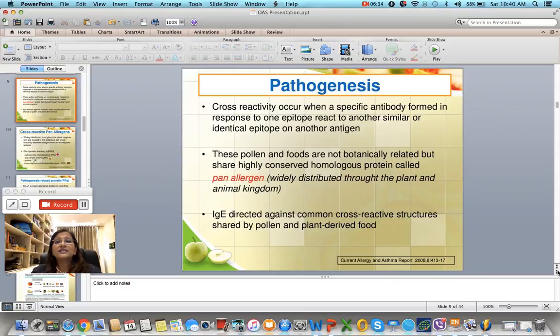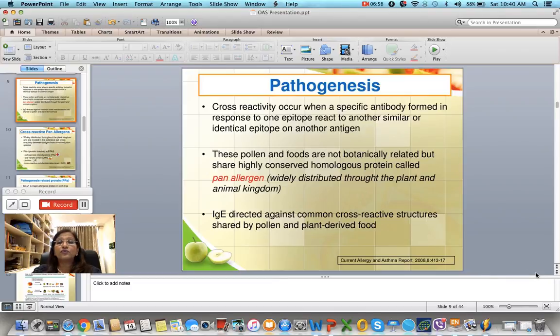The pathogenesis is that cross-reactivity occurs when a specific antibody formed in response to one epitope reacts to another similar or identical epitope on another food. For example, the pollen from a tree and a melon in a fruit.